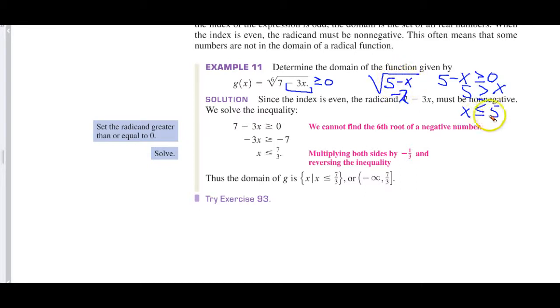That's why negative numbers are okay. If x is a negative 4, we go negative times a negative 4 makes it a positive 4. So that's what they're illustrating. And then they're putting it in set builder notation and interval notation.